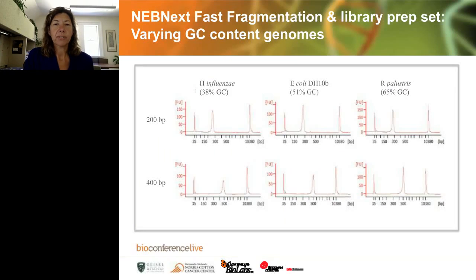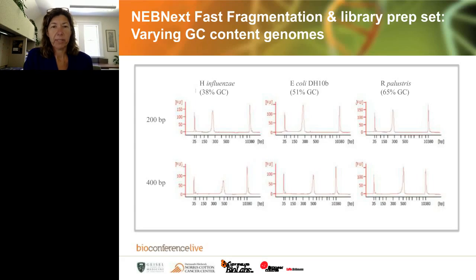This kit is also compatible with a broad range of genomes. So I'm showing you libraries that were constructed from DNA isolated from 3 different organisms. And the GC content in these organisms ranges from 38% to 65%. I'm also showing you that the kit can be used to construct libraries of different sizes.